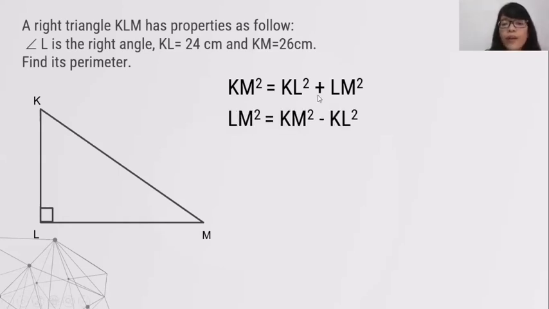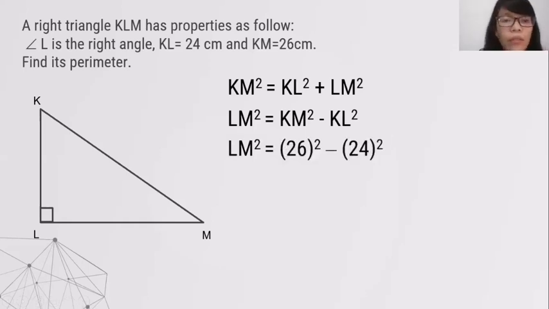LM square equals KM square minus KL square. You just need to move the position between the right hand side and left hand side. It's okay however you get this LM. So LM square equals KM square minus KL square, and as we know KM is 26, so we substitute 26 squared minus 24 squared.